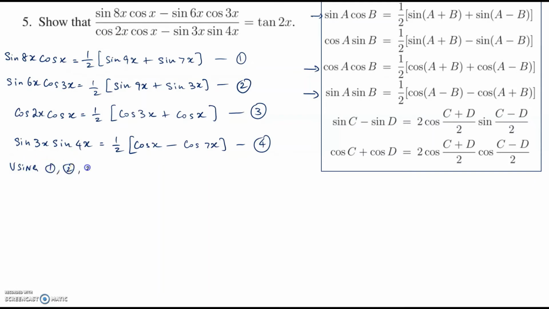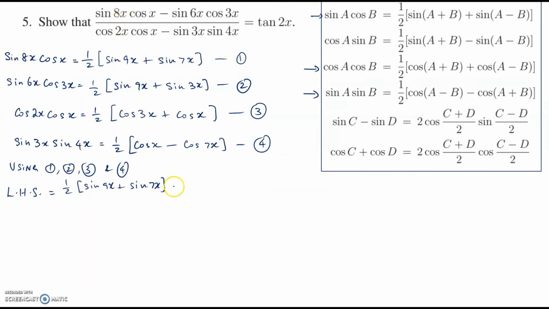Now substituting using 1, 2, 3 and 4, our LHS is equal to, let's substitute the values, half of (sine 9x plus sine 7x), which is for sine 8x cos x. So we are putting what we found in the equation 1.